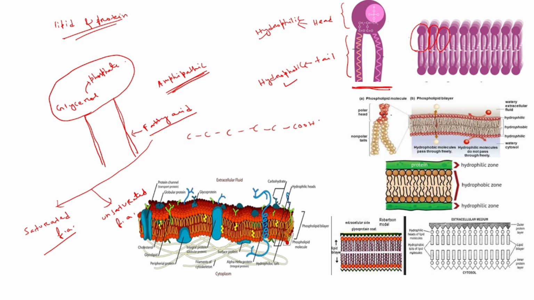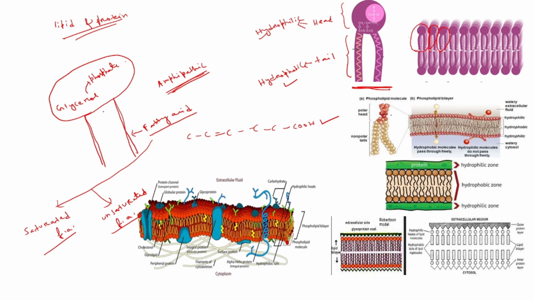So this type of structure is called a saturated fatty acid. Now look at what an unsaturated fatty acid is. That means in the fatty acid, if at least one double bond is present, or more than one double bond is present, then it is called an unsaturated fatty acid. Okay, so now you know what a saturated fatty acid is and what an unsaturated fatty acid is.